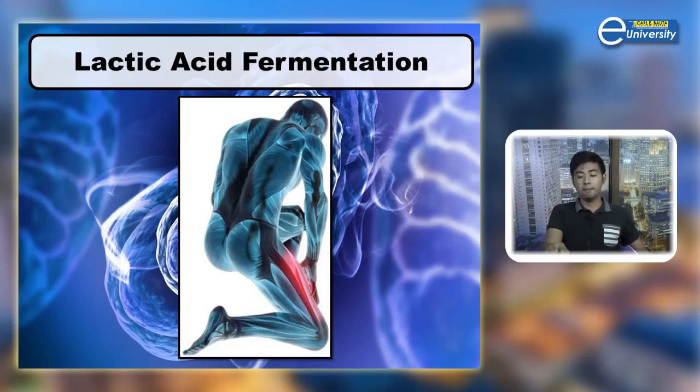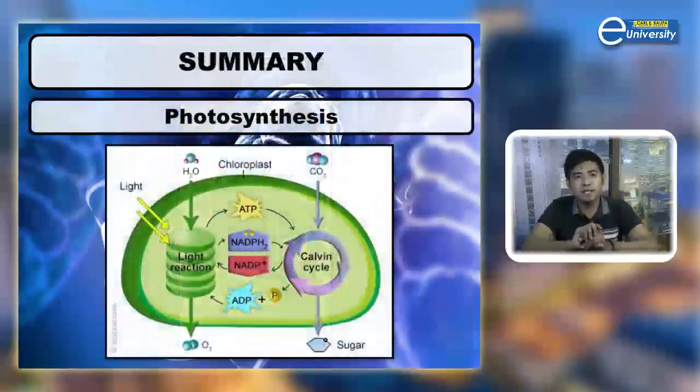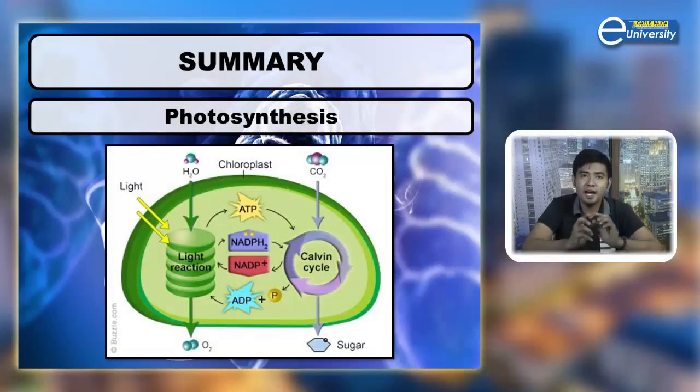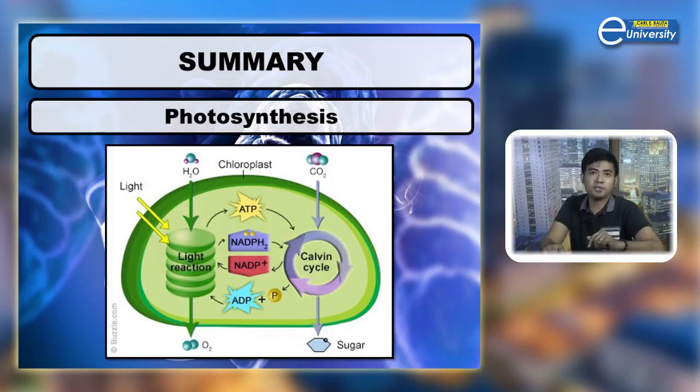So as a summary, the photosynthesis is composed of the light reaction and the dark reaction. The light reaction converts light energy into usable form. The products of the light reaction, the ATP and the NADPH, will be further used in the Calvin cycle, producing the sugar molecules or the glucose.